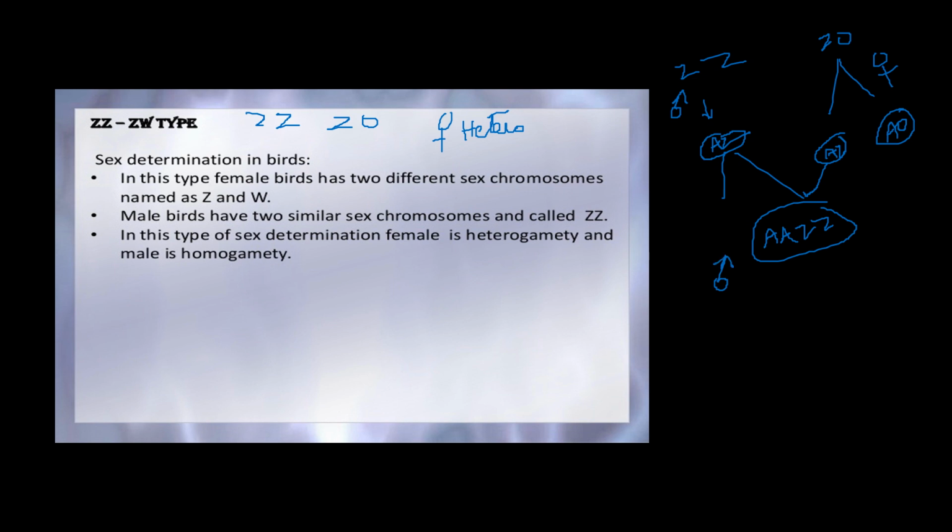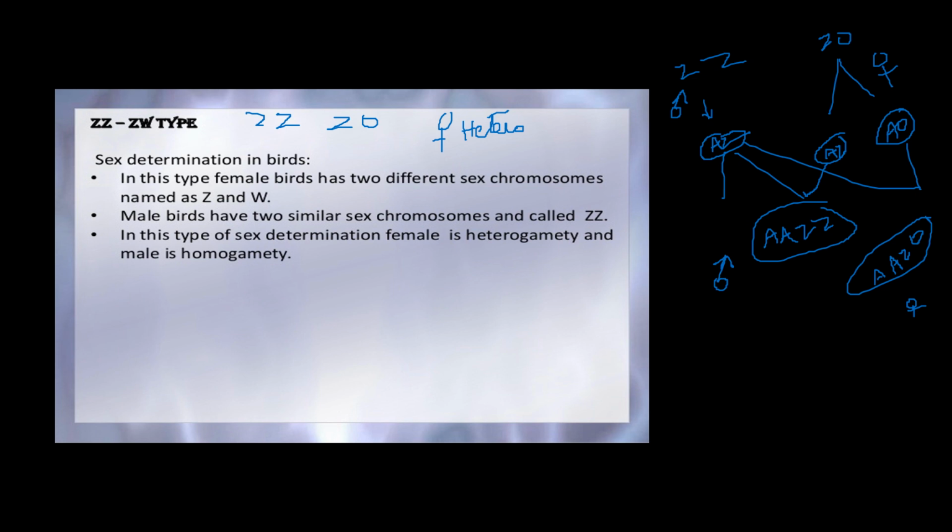In the other case, if this sperm fertilizes the other egg, then it will be AAZO. Here the female is heterogametic. So who is deciding the gender of the offspring? It is the female, because it is producing two different types of eggs. This can be seen in Fumea as well as certain moths.